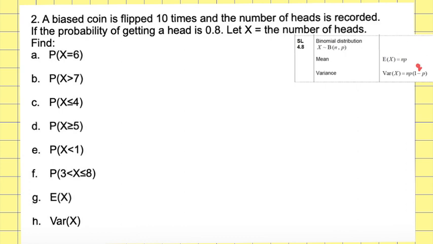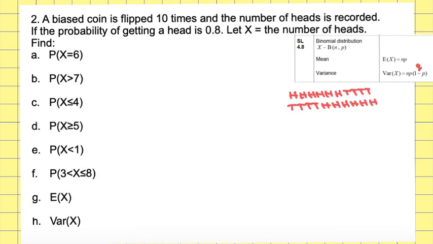Well, I could get head, head, head, head, head, head, tail, tail, tail, tail. That's one possible outcome. Or I could get tail, tail, tail, tail, head, head, head, head, head, head.